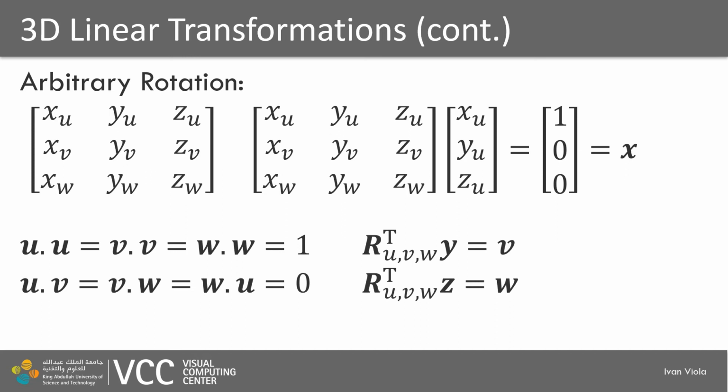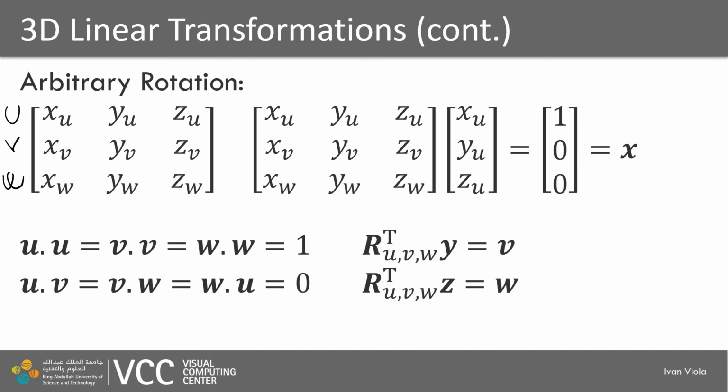We can also rotate around an arbitrary axis, and we will prepare a framework for how to do it. Imagine we have an arbitrary rotation consisting of 3 vectors. Now let's consider 3 row vectors: this is the vector u, this is the vector v, and this is the vector w.